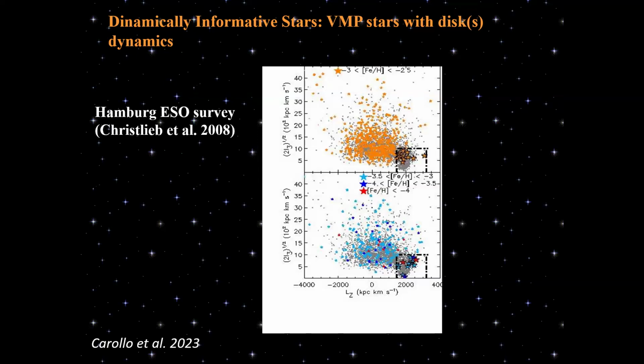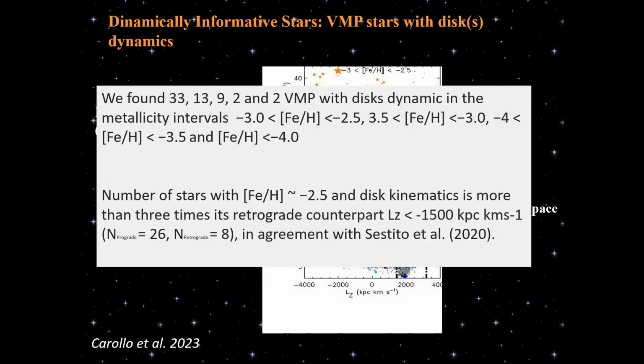This is below -2.5, the extremely metal poor regime. And this box here shows the region in phase space where the disks are located, with LZ greater than 1500 and low values of I3. As you can see, there are several very metal poor stars in the disk.